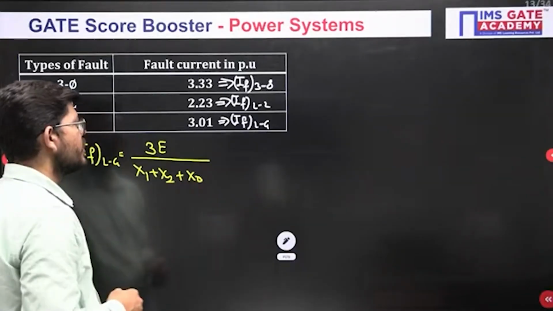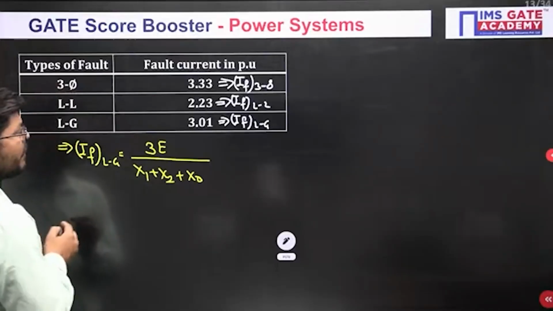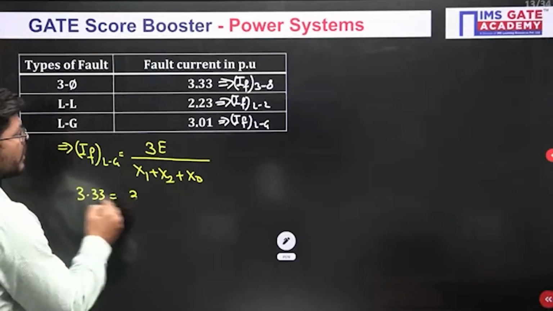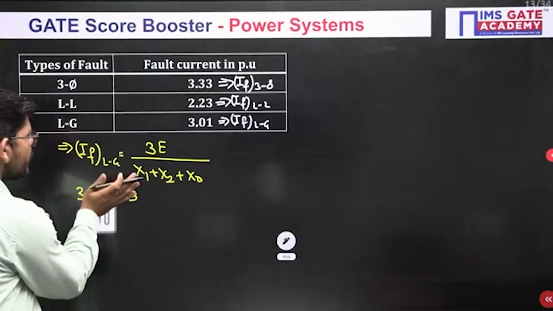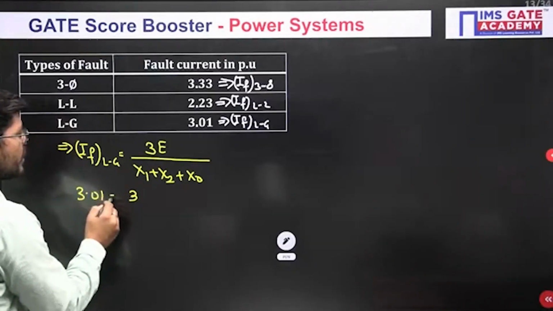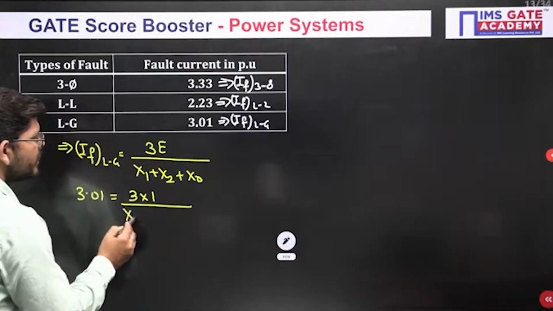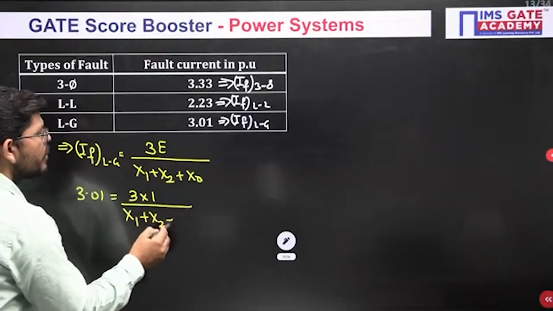What has been given here is 3.33 per unit. Sorry, 3.01 per unit, and here 1 per unit voltage is given, so 3 times 1 divided by x1 plus x2 plus x0.